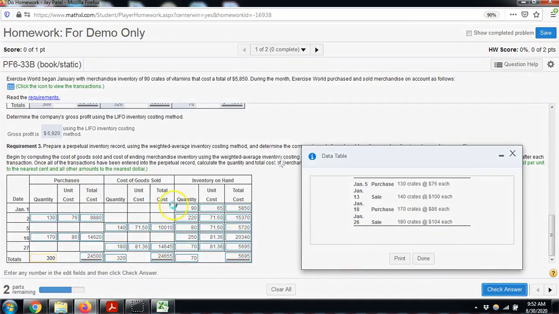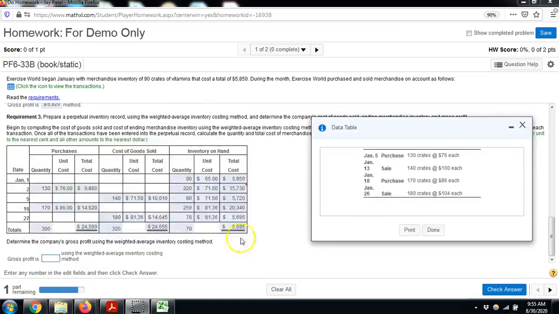Okay, so let's see how we did. Oh, something's wrong. Okay, it looks like I was just slightly off here. It was 15,370. I put 15,730. So this number is slightly off, but the ending balances are correct.